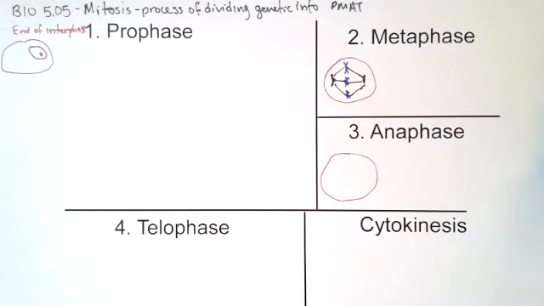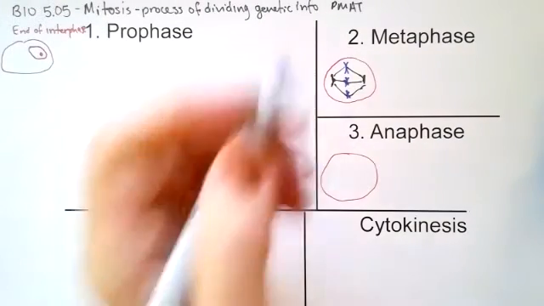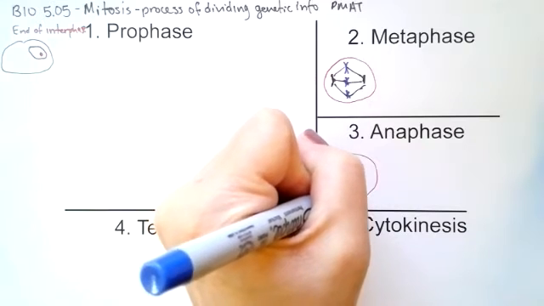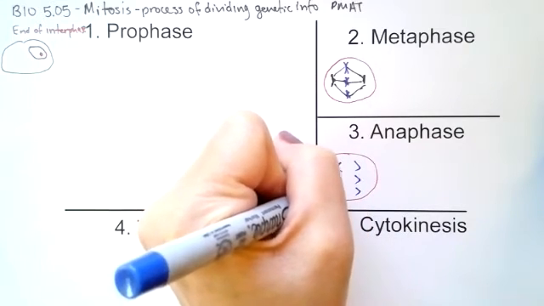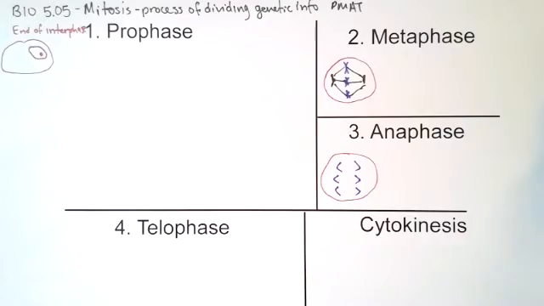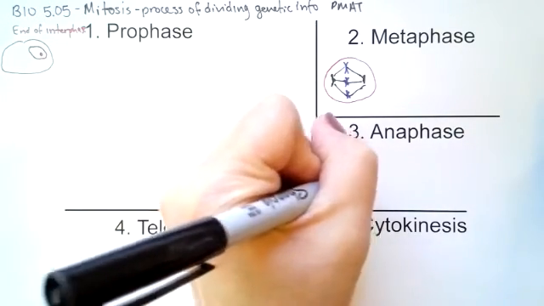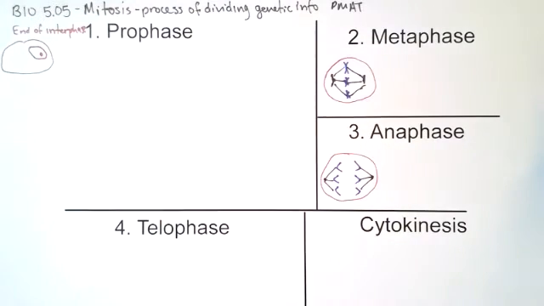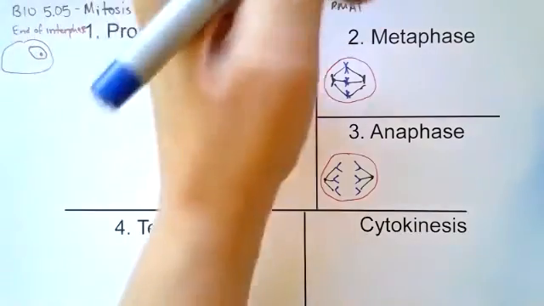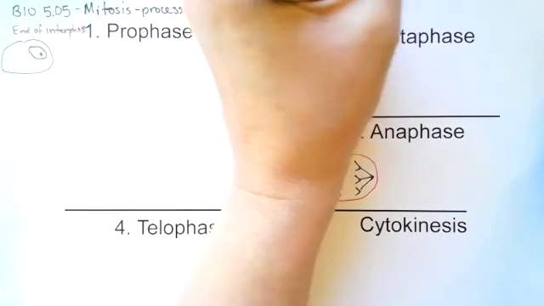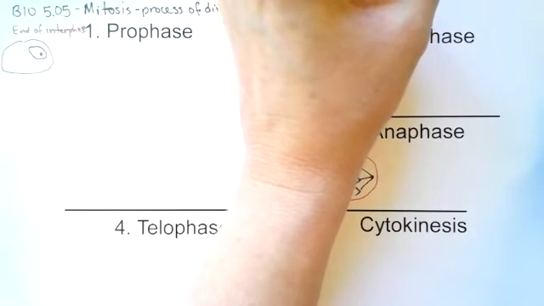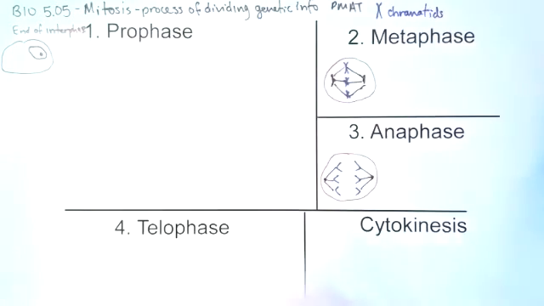So that's what metaphase looks like, and the X's are chromosomes. And that's what anaphase looks like. So let me do a little key up here. These are chromatids. So what do you see with metaphase?